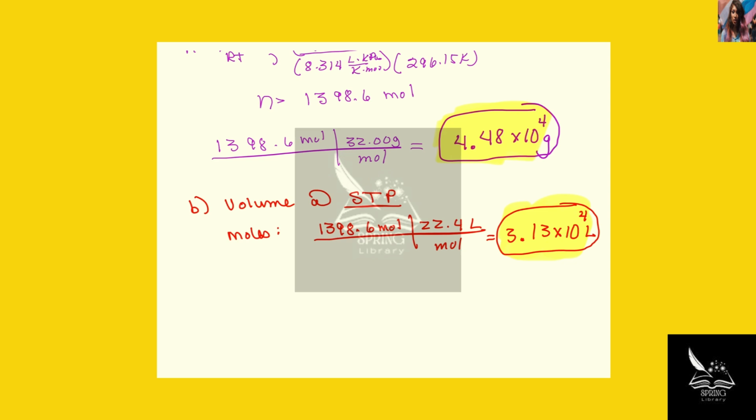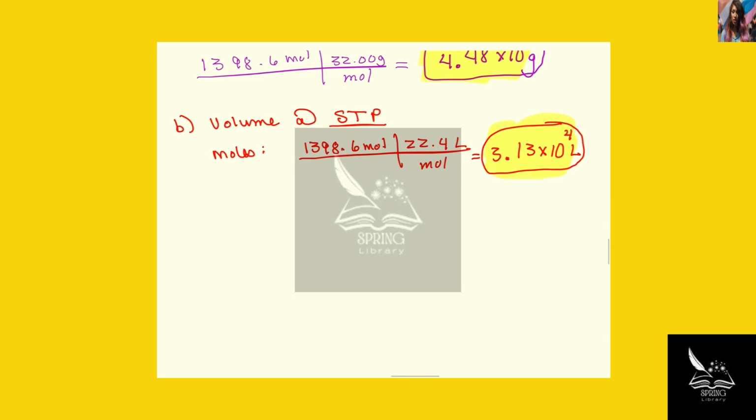Okay. Now, let's do our next one. So far, this hasn't been bad. Let's do C. At what temperature would P equal 150.0 atmospheres?